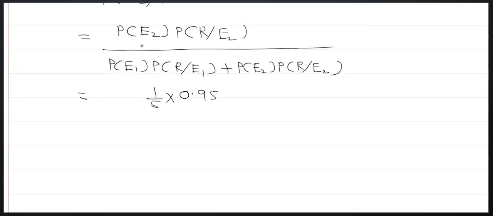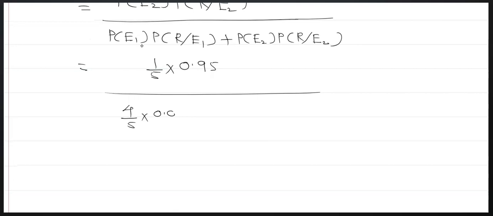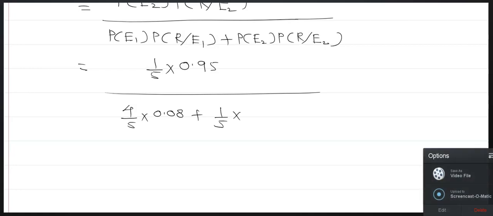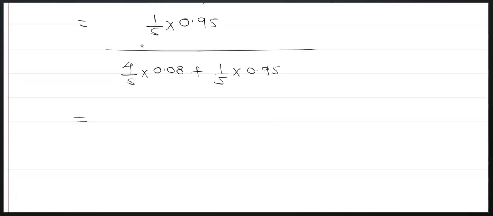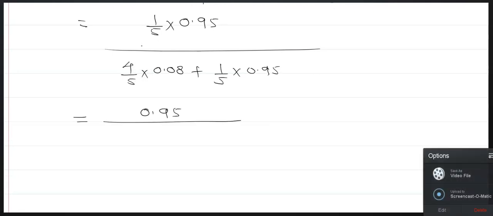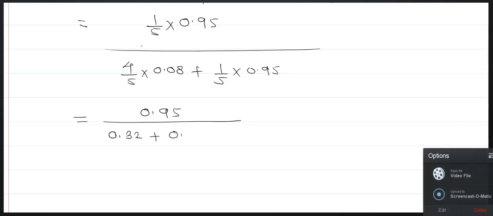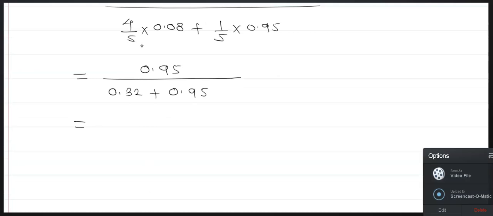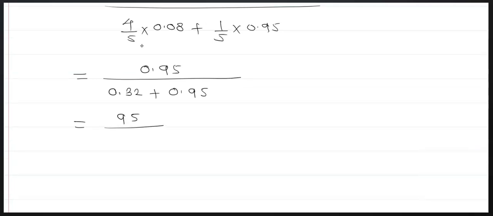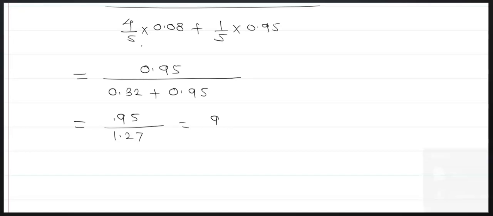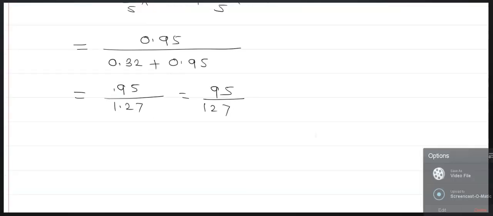Now substitute the values, that is 1 by 5 into 0.95 upon 4 by 5 into 0.08 plus 1 by 5 into 0.95, that is 0.95 upon 0.32 plus 0.95, that is 0.95 upon 1.27, that is equal to 95 upon 127.